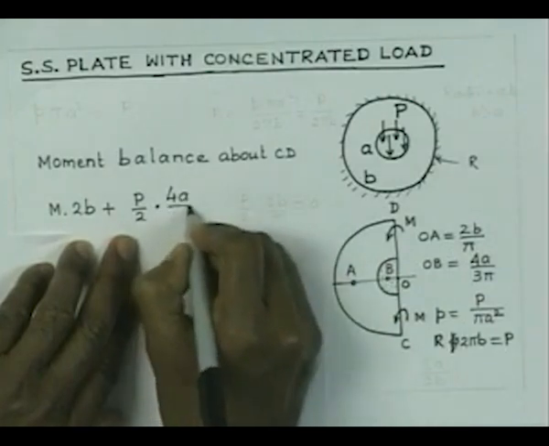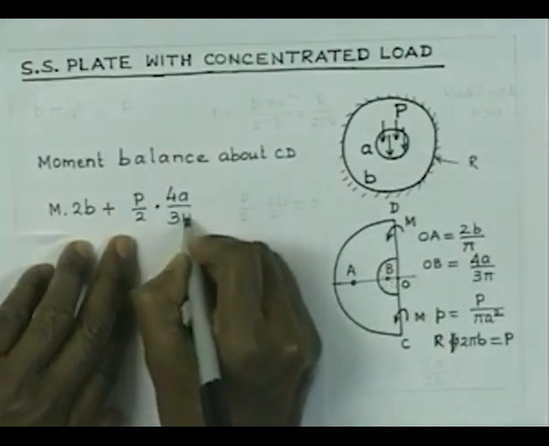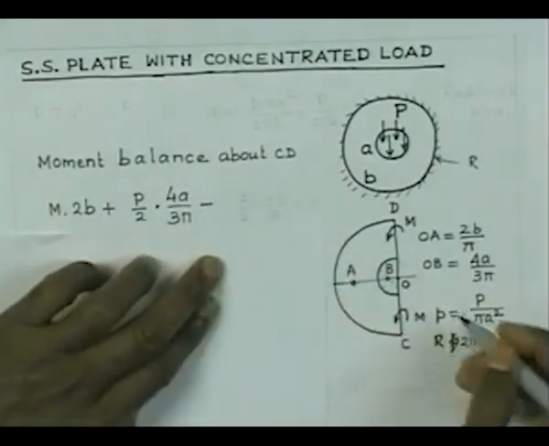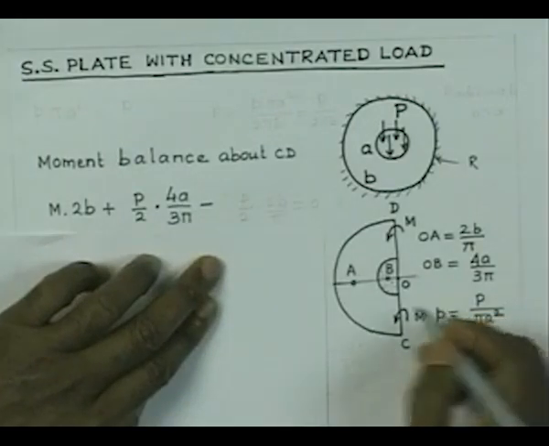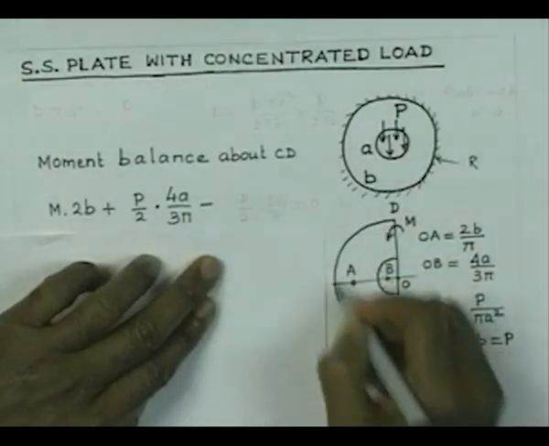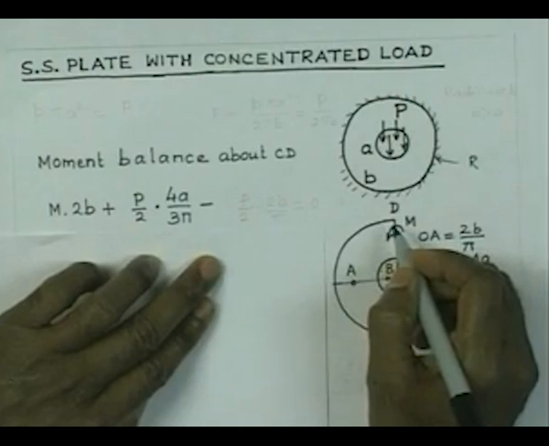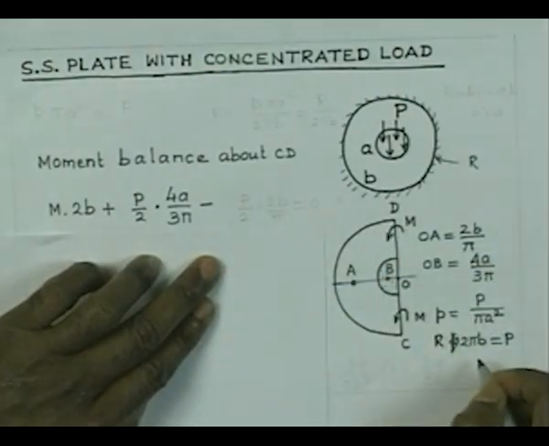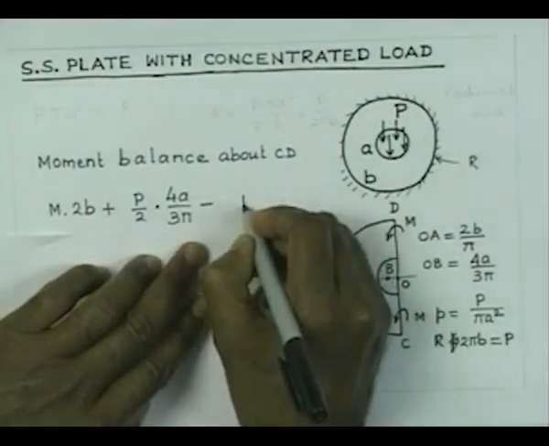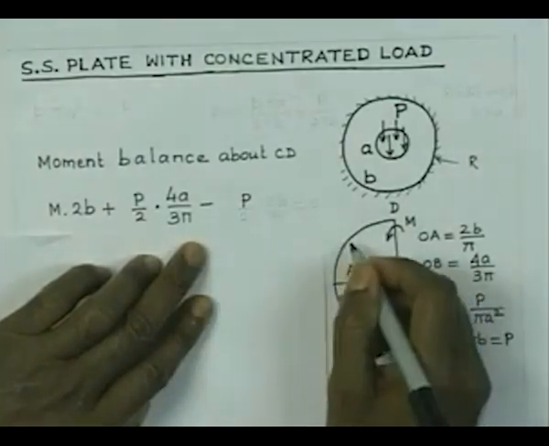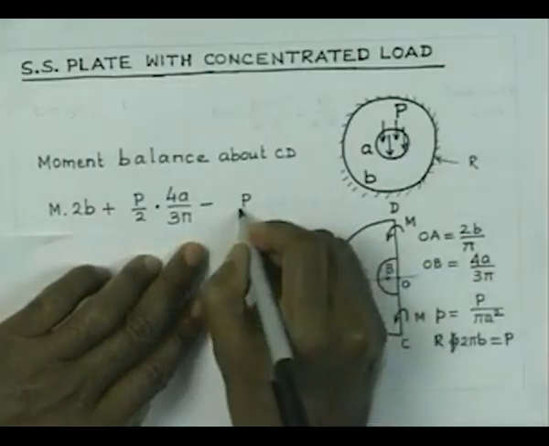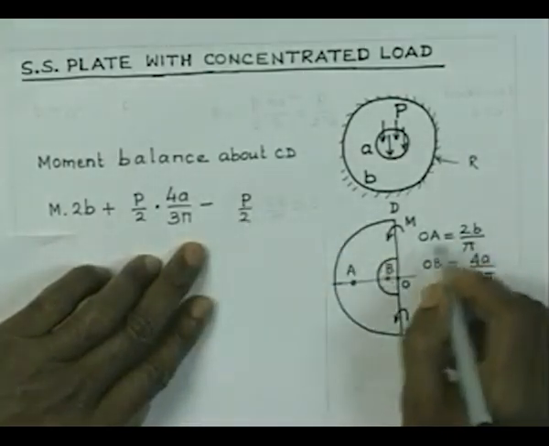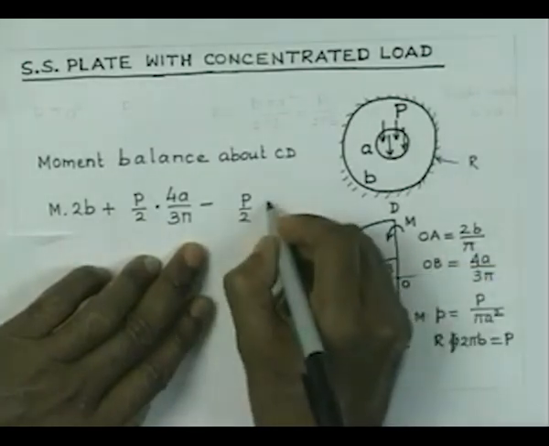So, the moment is nothing but P by 2 into 4a by 3 pi, minus the load which is acting over this boundary. Its sum total is also nothing but P by 2, which can be obtained by considering that R into pi b is going to be P by 2. So, that P by 2 is the force which is acting upward, and its moment arm is OA, which is 2b by pi.